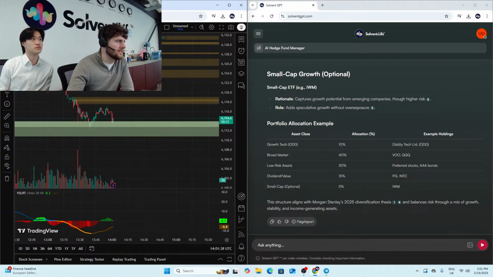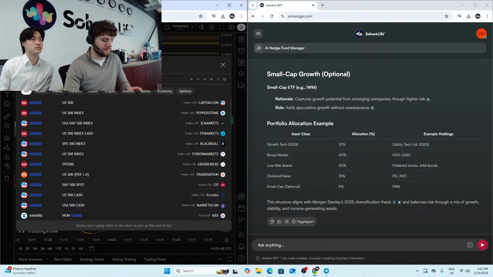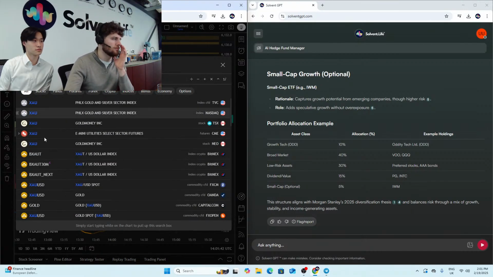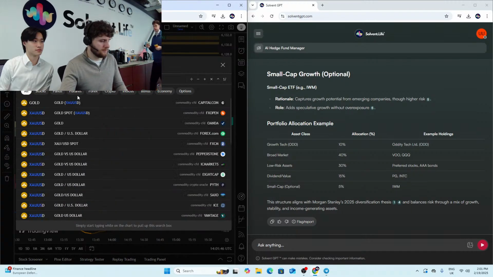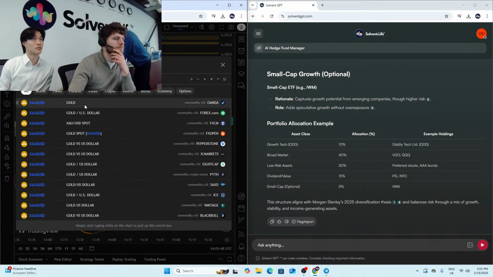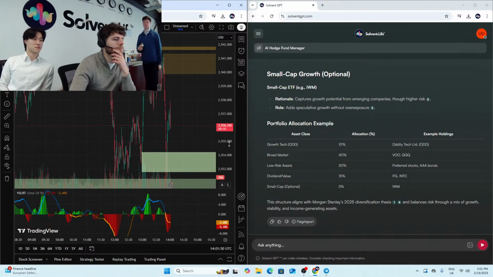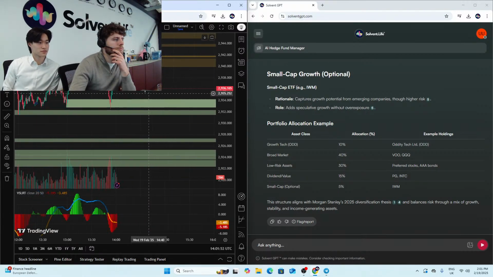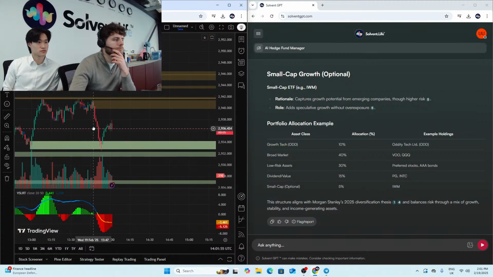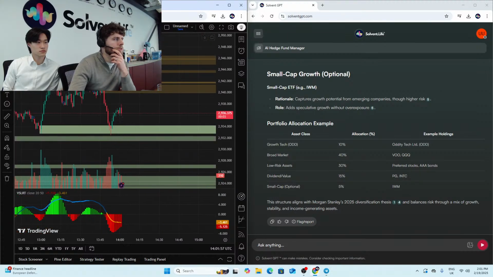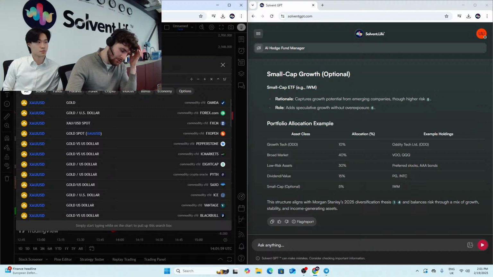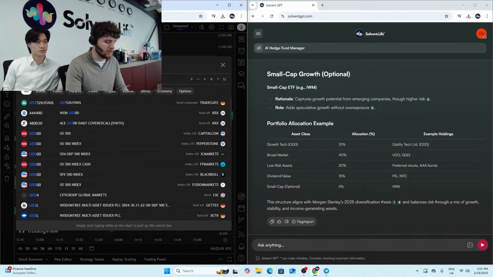What we can also do is take a look at gold. Interesting. I think we'll stick to the US 500 for our next trade.